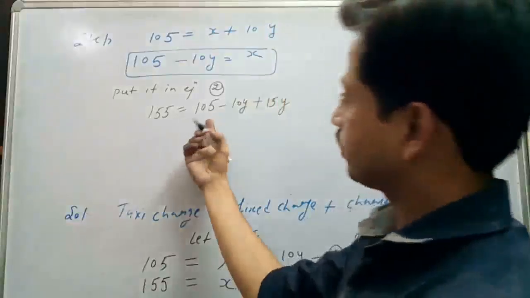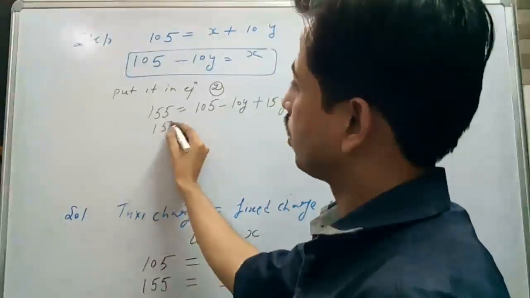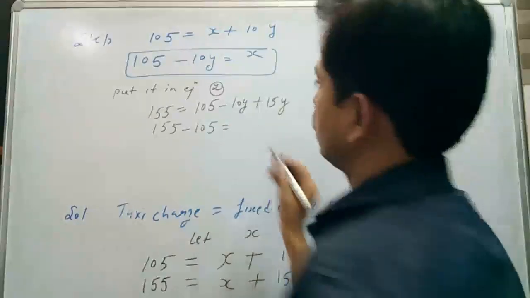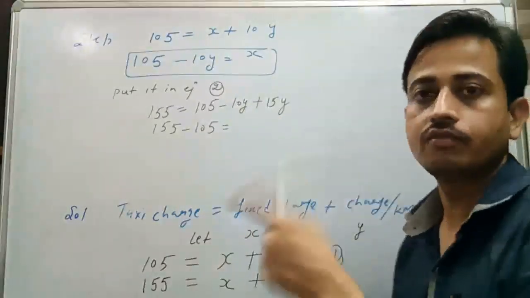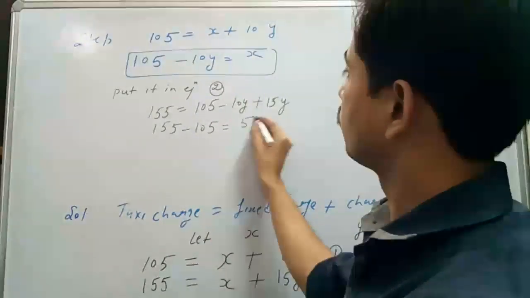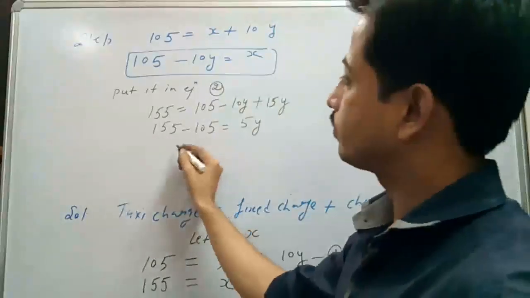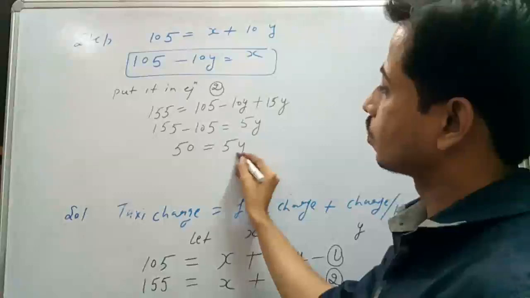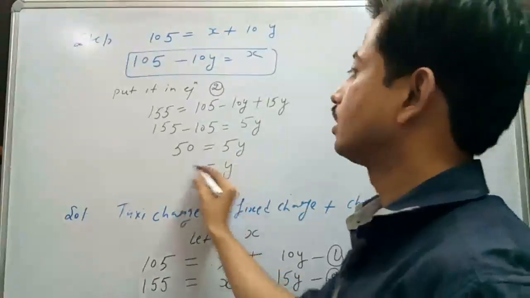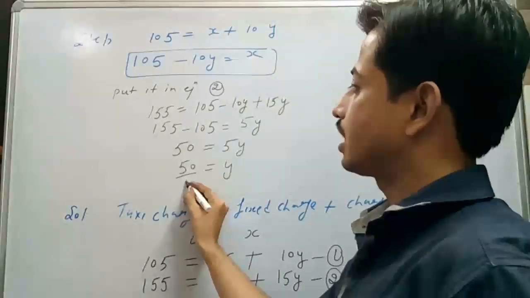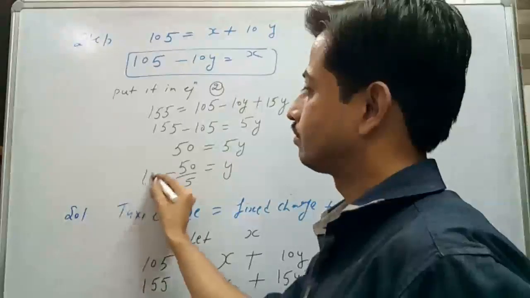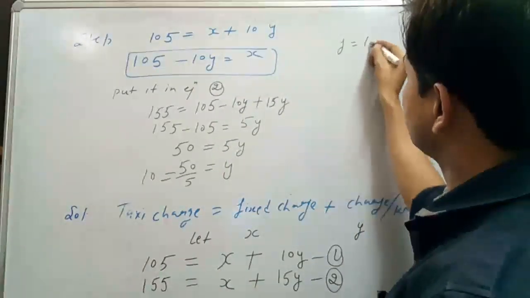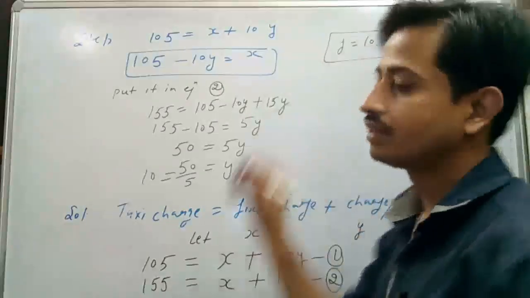Please take it to the left-hand side. 155 minus 105 equals minus 10y plus 15y. 15 minus 10, we get 5y. 155 minus 105, we get 50. So what will be the value of y? 50 divided by 5, which is 10. So the value of y is 10.